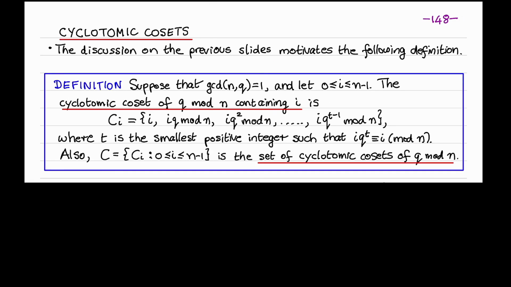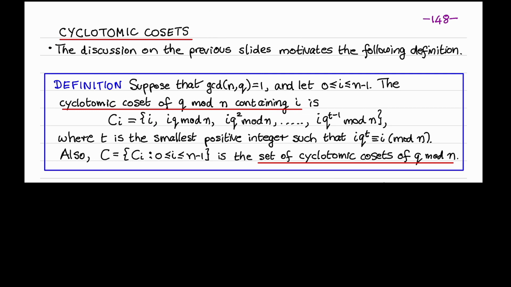I'll next introduce some notation for the exponents of beta in the set of conjugates of beta to the i. Suppose that q and n are coprime, and let i be an integer between 0 and n minus 1. The cyclotomic coset of q modulo n containing i is the set C_i, which contains the number i, and the numbers you get by repeatedly multiplying i by q modulo n.